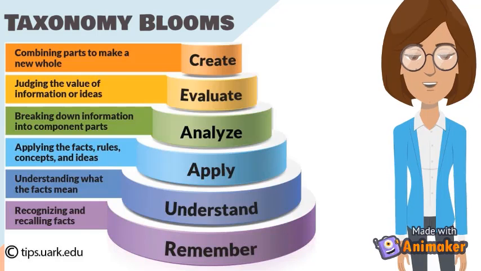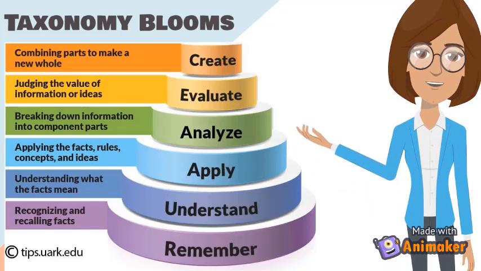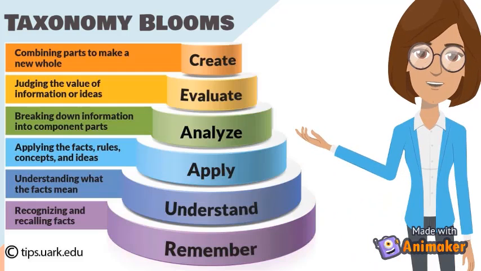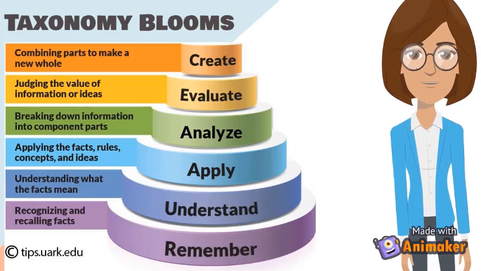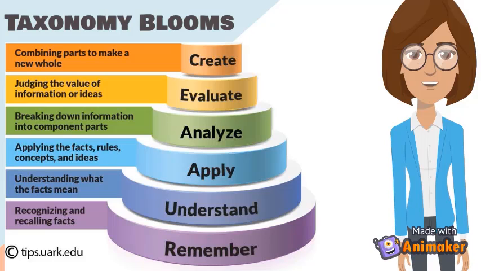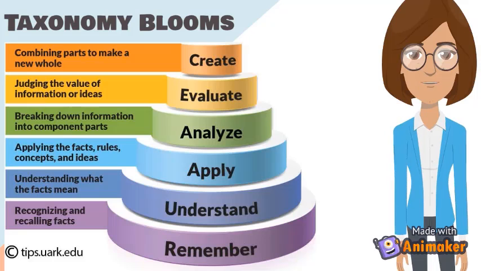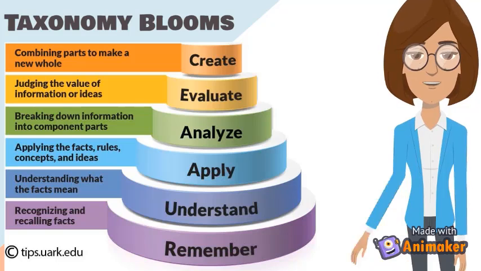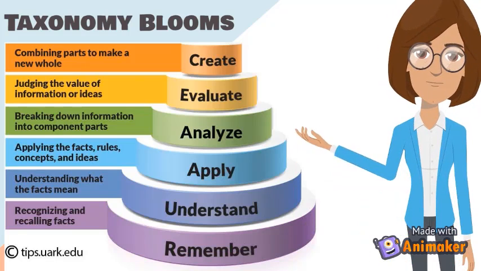So which one belongs to LOTS, which one belongs to medium or middle, and which one belongs to higher. Because the separation in Bloom's taxonomy actually only consists of two, which are LOTS and HOTS. Later it was improved by Anderson and Krathwohl, in which there are three separations, which are LOTS, MOTS, and HOTS.